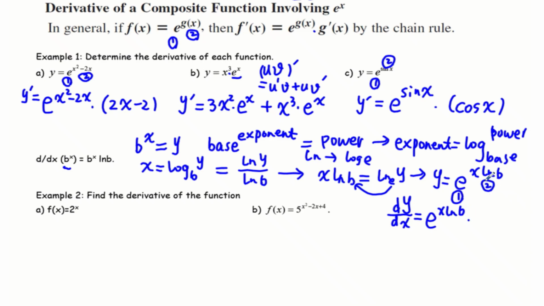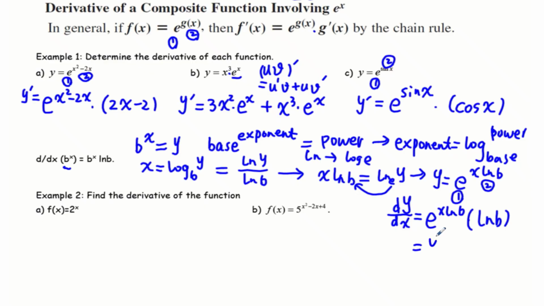Then times the derivative of x ln b, which is ln b. Then we see that e to the x ln b is the y value, the same as y.